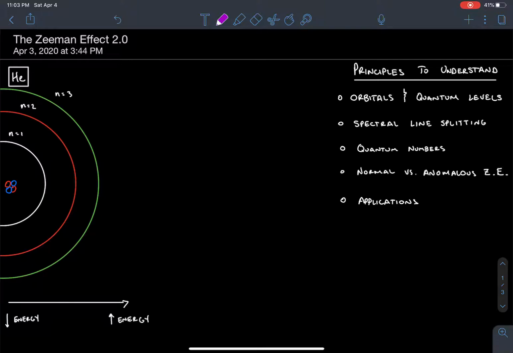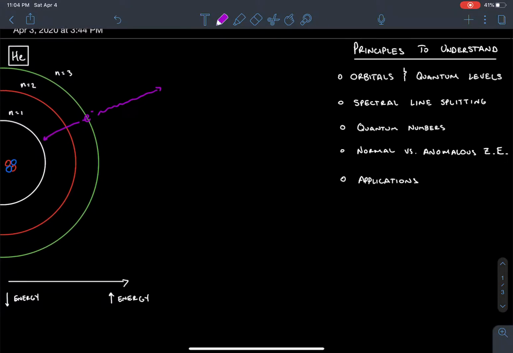And as we increase in quantum number, we also increase in energy. So if we have an electron that's been excited from n equals 1 to n equals 3, then as that electron right here falls back down, it's going to emit some color or some wavelength of light.